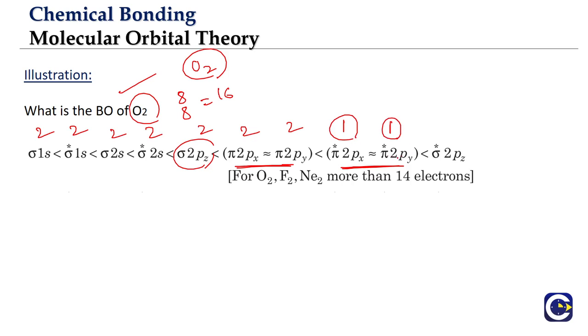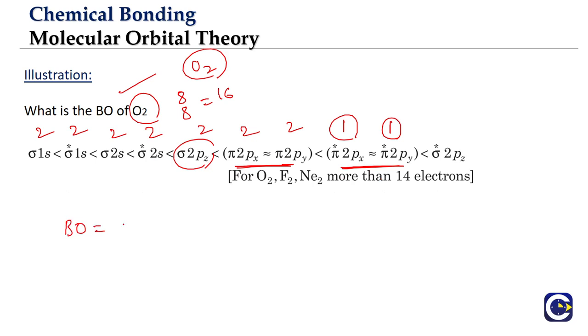In fact, we discussed this in the previous video also: one of the successes of the molecular orbital theory is that it can explain how O2 has paramagnetic nature. In a little while we will discuss it in this video too. But here the question is the bond order. How do you get the bond order?